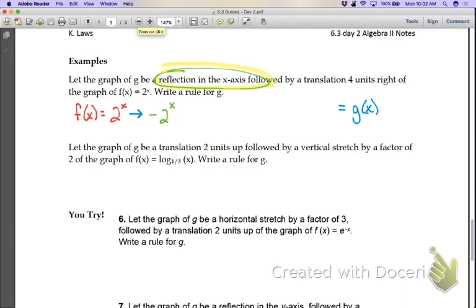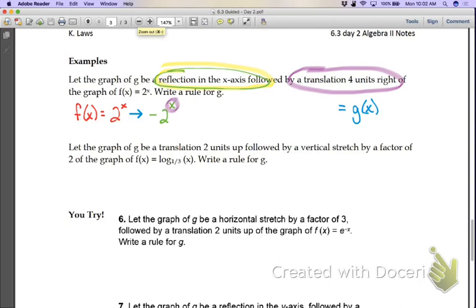The next thing that it tells me to do is it's followed by a translation of 4 units to the right. So is it moving horizontally or vertically? It's going to the right. Horizontally. So if it's going horizontally, then I'm going to deal with the x value. It's going to be up here.